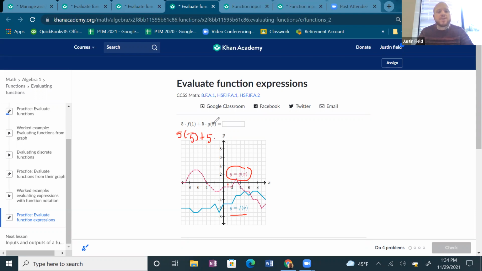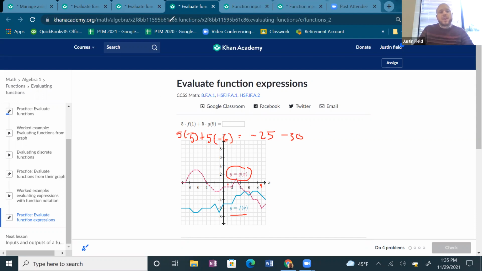It's 5 times f of 1 plus 5 times g of 9. What is g of 9? Let's go to 9, which is right here. And g is the maroon function. And it's -6. So I'm going to substitute in -6. So 5 times -5 is -25. And 5 times -6 is -30.